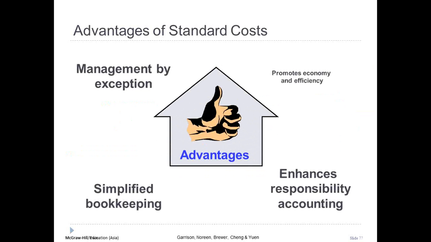Standards that are viewed as reasonable by employees can serve as benchmarks that promote economy and efficiency. Standard costs can greatly simplify bookkeeping. Standard costs fit naturally into a responsibility accounting system.